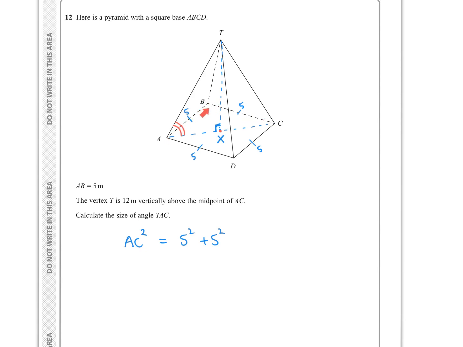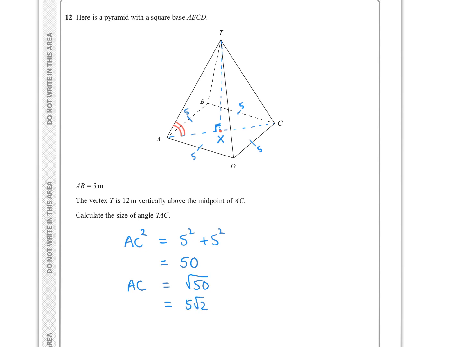Needless to say, this is a right angle here at B because it's a square base. So from that, we just have 25 and 25, which is 50. So AC is root 50. But then 50 can be 25 times 2, so that's 5 root 2.